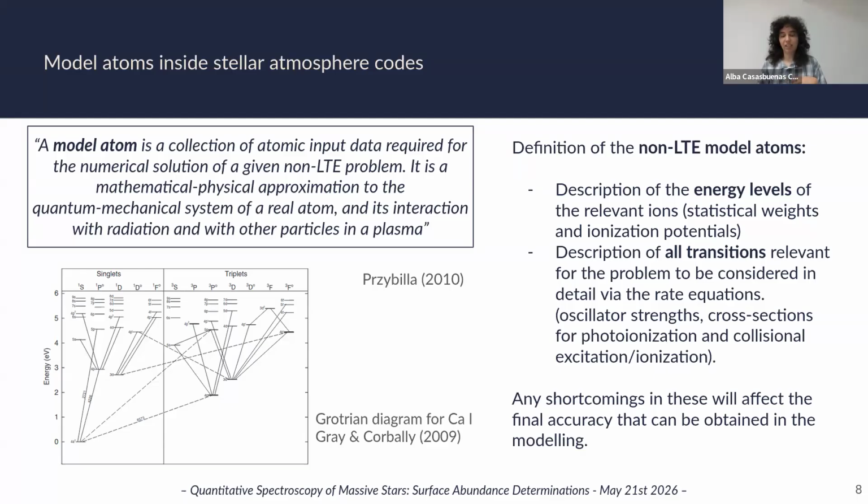And while we cannot sometimes make the perfect model atom that has absolutely no problems, it's very important that we test these model atoms by comparing the observed spectra and the synthetic spectra, and have a very well-defined list of reliable diagnostic lines, where we know that the atomic data is reliable, that we can use for our abundance determination.